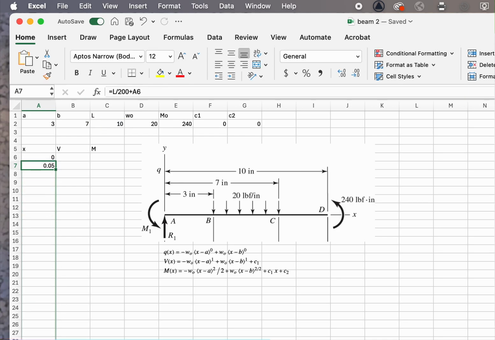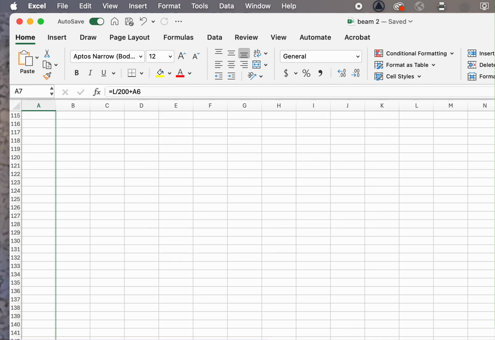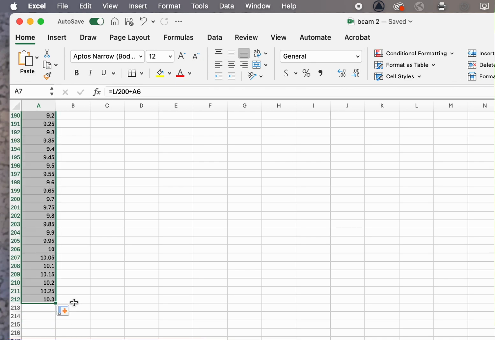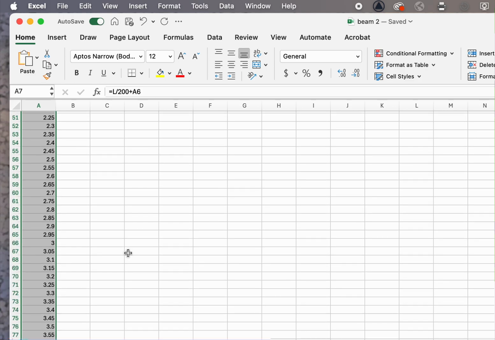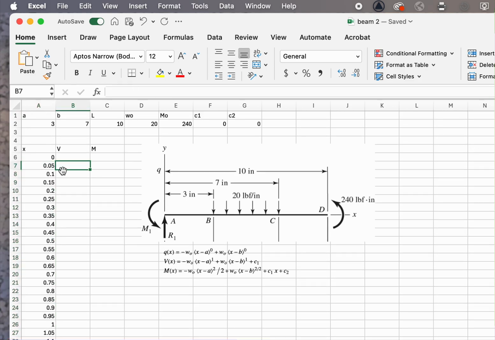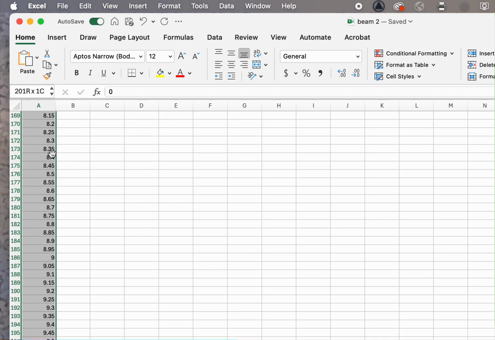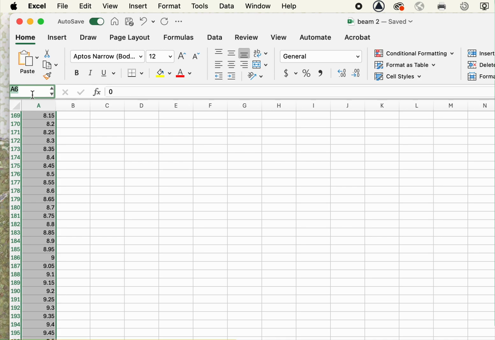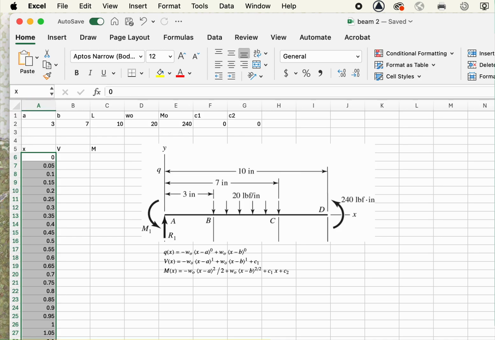And then I'll just copy this down 200 cells, ish. Okay. And again, I'm going to play the same trick. So I'm going to highlight the 0 and then Control Shift down, and then call all of that X. So this entire column is now called X.